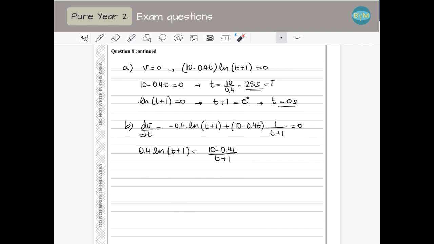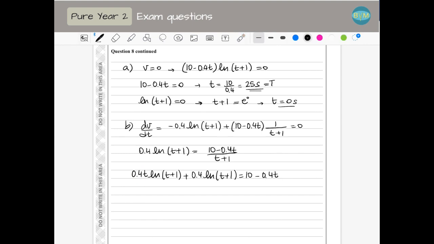So I'm going to multiply by t plus 1 on both sides and expand the bracket. So I have 0.4t ln(t plus 1) plus 0.4 ln(t plus 1) is going to be 10 minus 0.4t. And I'm going to put the t's together, but not the ones that are in the log, just this one together with this one.